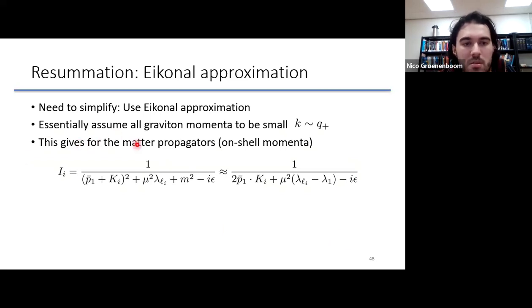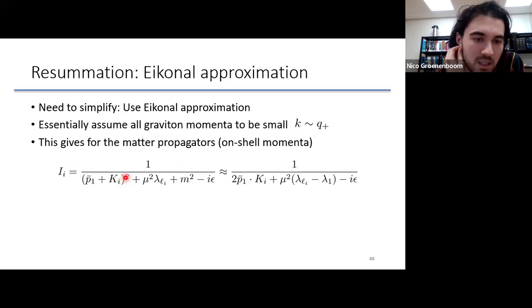So essentially what we will assume is that all of the graviton momenta individually are also small. They're all of the order of Q plus. So we don't just want the total momentum exchange to be small, but we also want the individual exchanges to be small. And in this approximation, the matter propagators simplify. So on the left-hand side, we have the exact contribution, and the simplification is subtle.